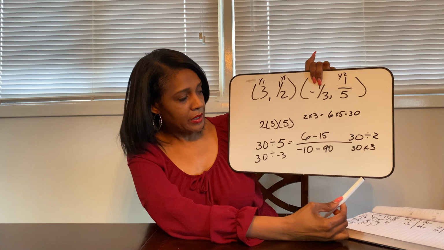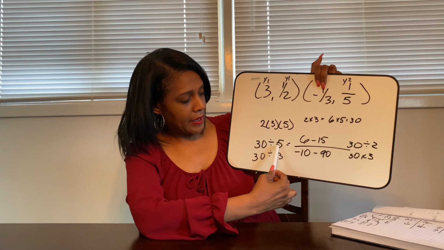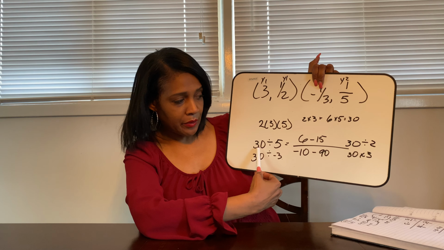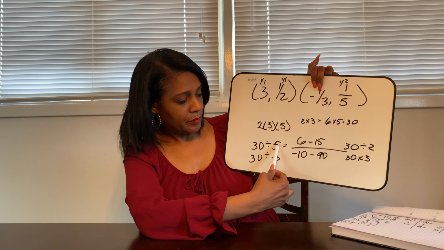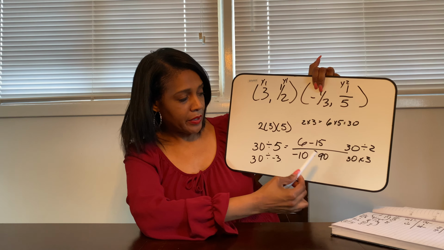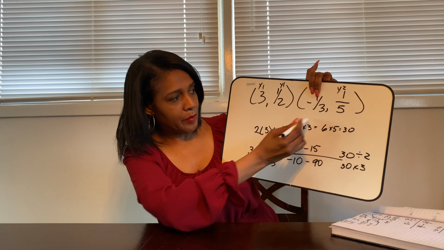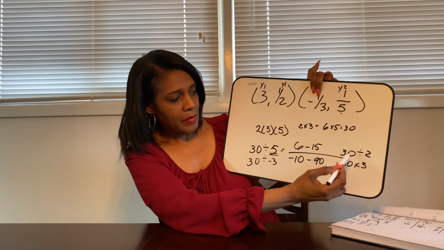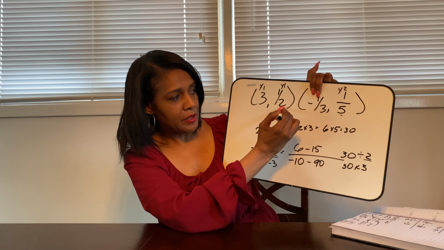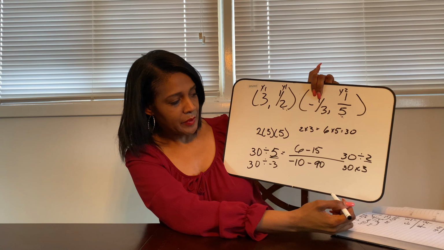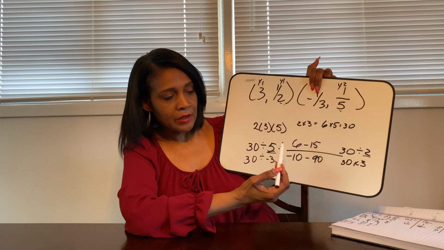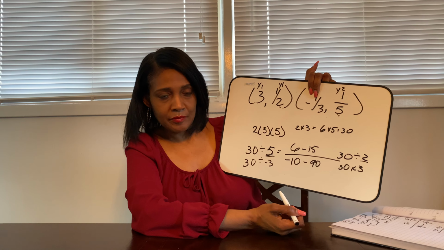Once again, 30 divided by 5 is 6, and 30 divided by 2 is 15. My 5 came from this number. My 2 came from this number, or 2 of my denominators. So that's why now I have 6 minus 15.